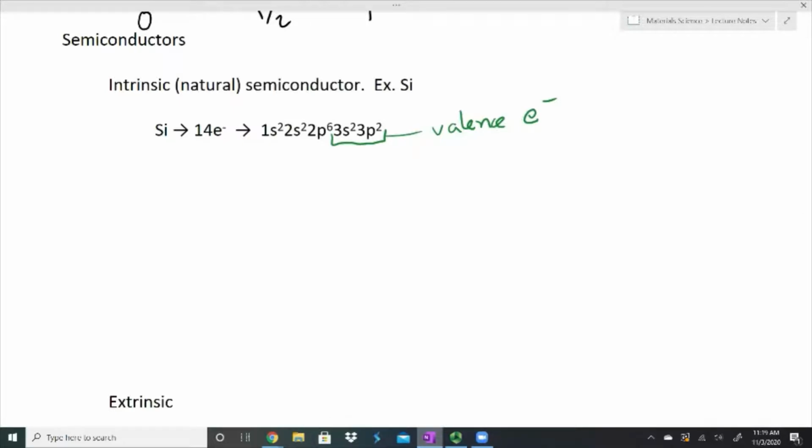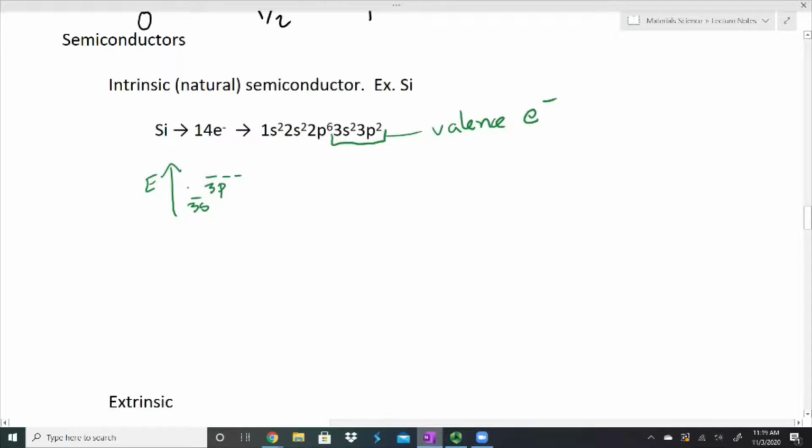Getting back to hybridization theory, if I have my energy here, I'm just going to sketch this out really quickly. I have my 3s, I have my 3p's.